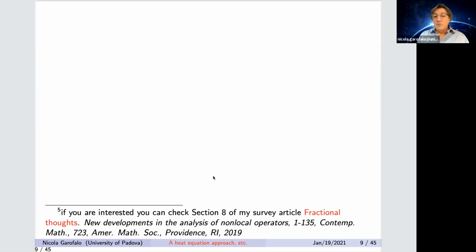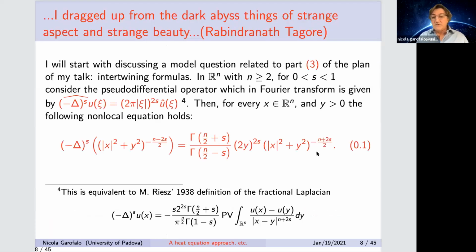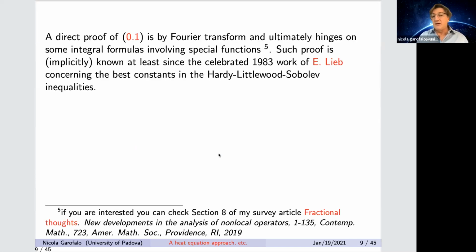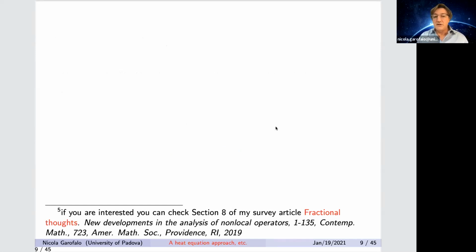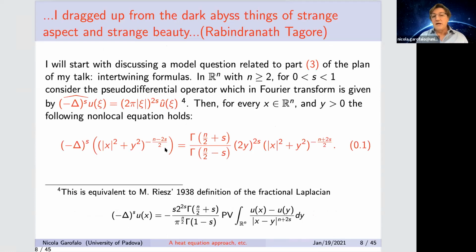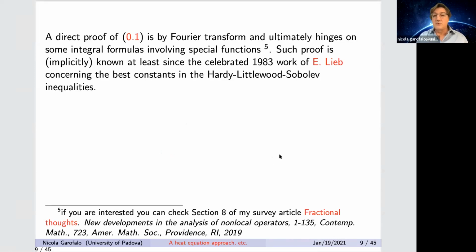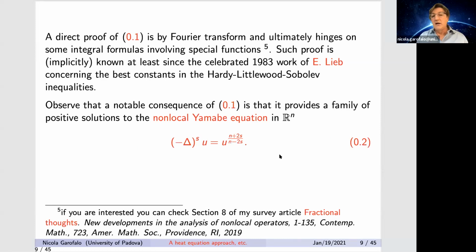And one immediate consequence of this equation is that it provides a one-parameter family of solutions to the non-local Yamabe equation. You see it immediately because if you raise the right-hand side to the appropriate power (n minus 2s)/2, then, up to renormalizing the constant, you get a solution to this equation here.